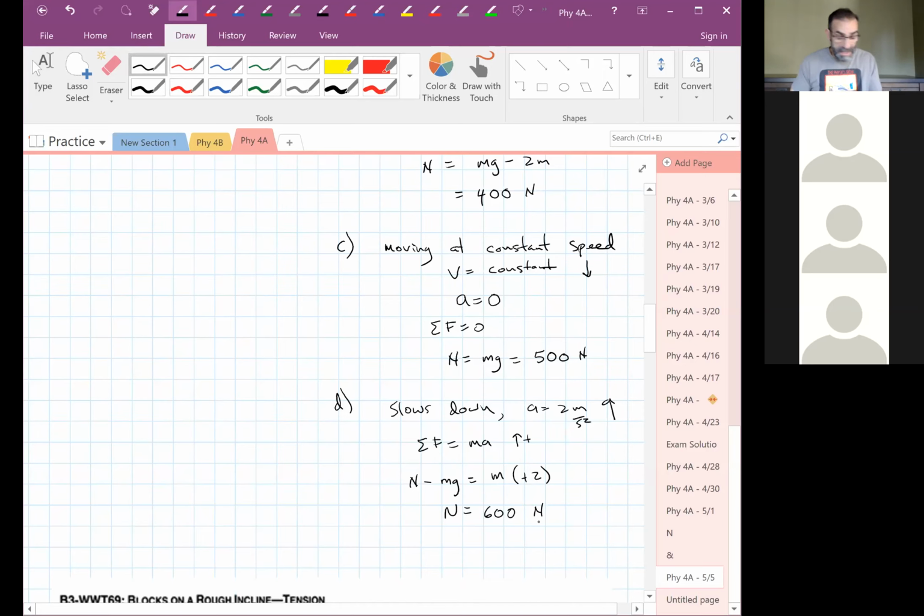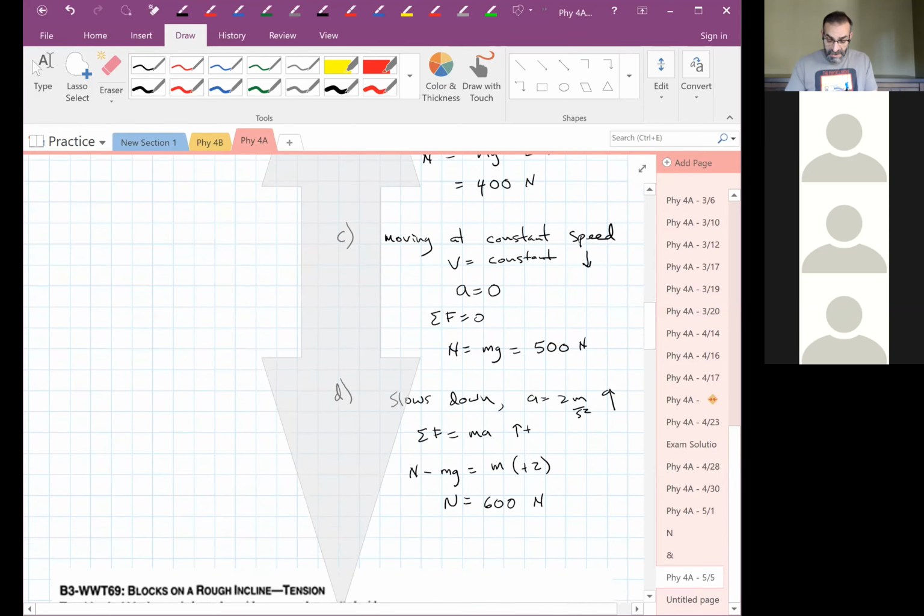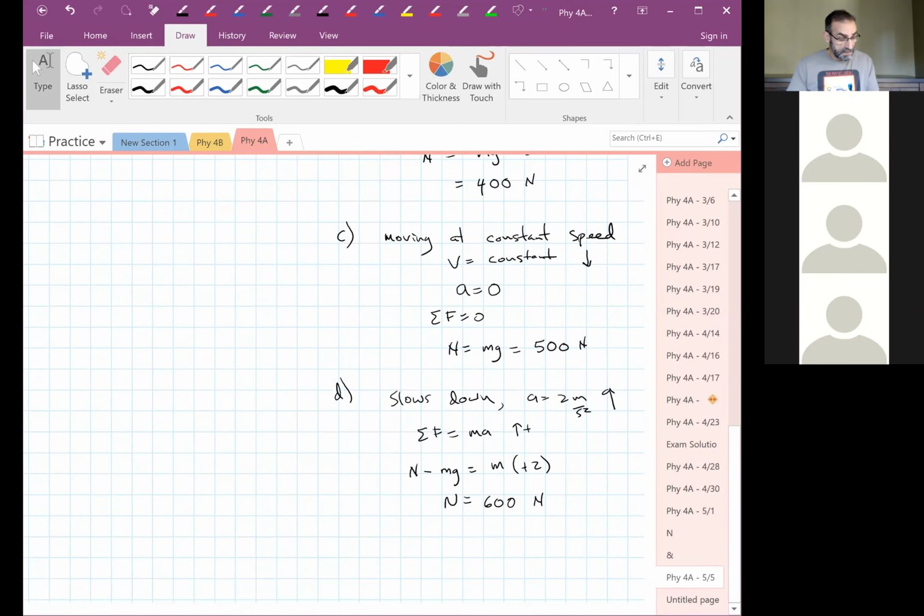Their apparent weight is 600 newtons. The apparent weight is what a scale would read if they were standing on it, or sitting on it. It's the normal force between that person, that object, and the surface they're interacting with.